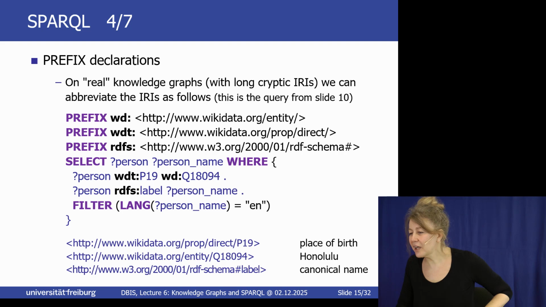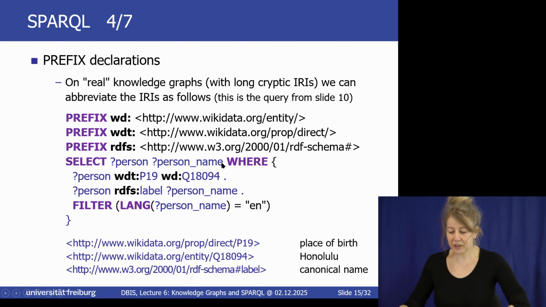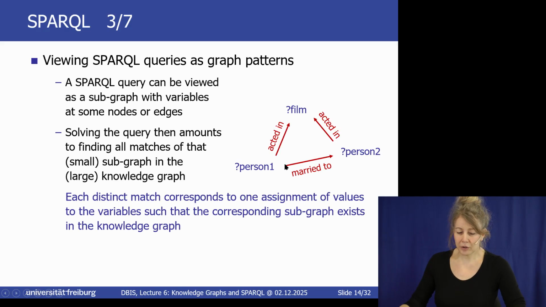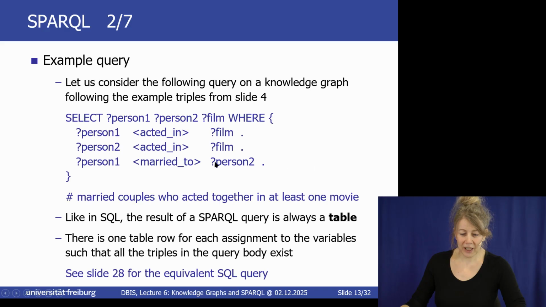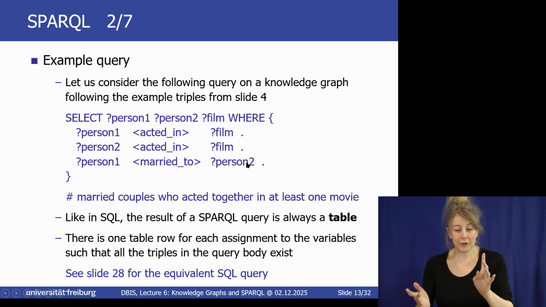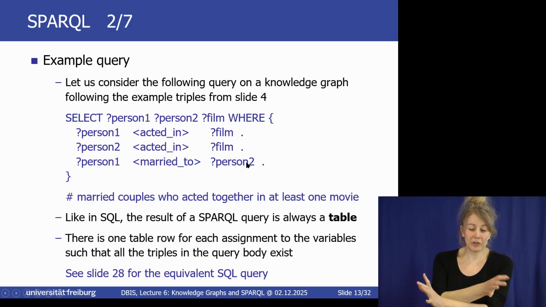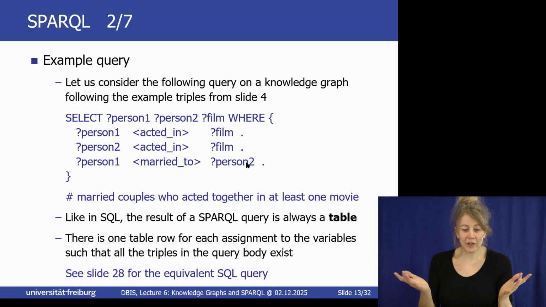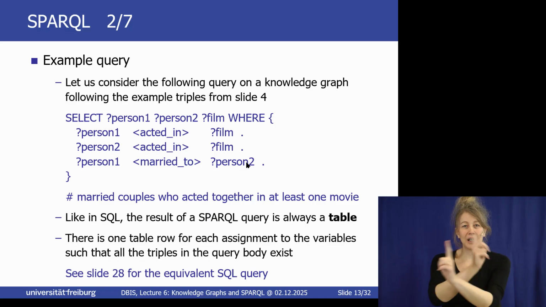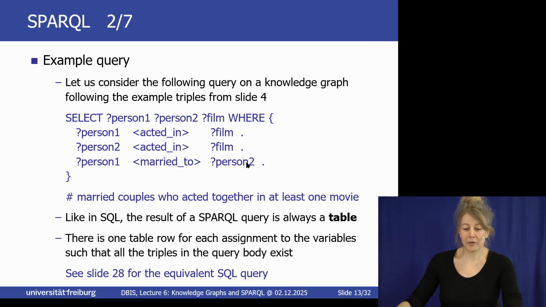Should there be a second married-to arrow in the graph because it is directed? Okay, that's a good question. Actually, no, because the way I asked the query, I asked it like that. I could add another triple, just adding the same in reverse. That would be a different query. If my data is such that every couple is contained in both directions, it would be the same query.